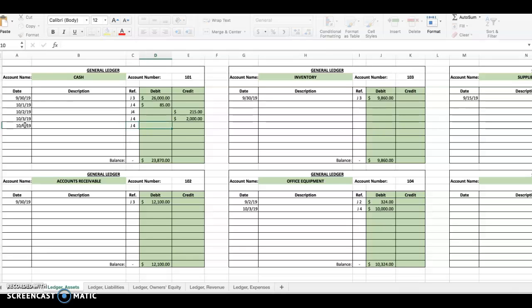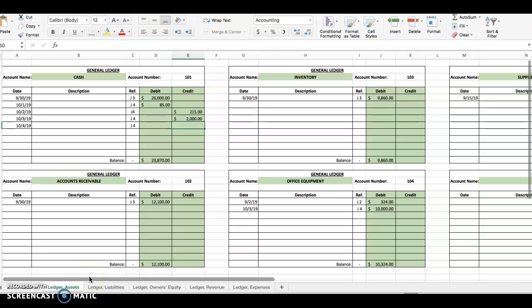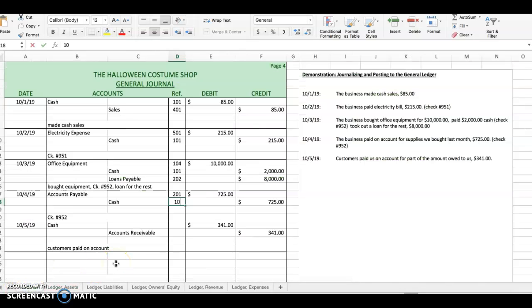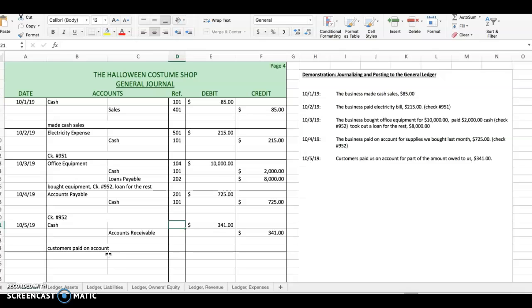Go to the journal page, and it's credited, get my amount right, by 725. And again, we're spending money, cash goes down. The account goes in. And finally, the last one, this time we receive money, cash is going to go up because customers paid us.